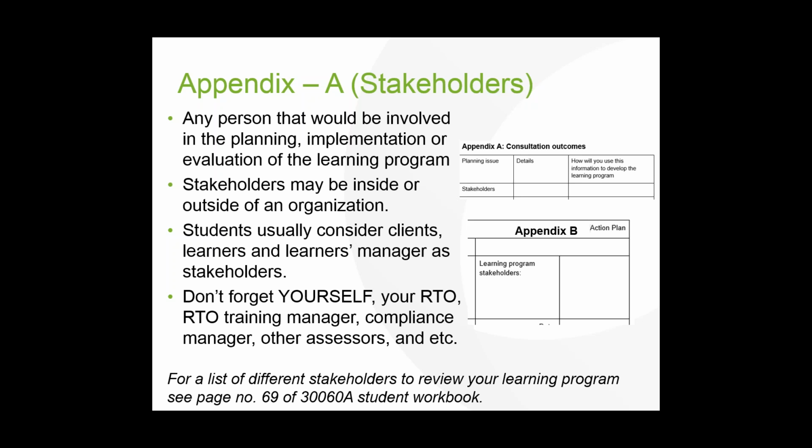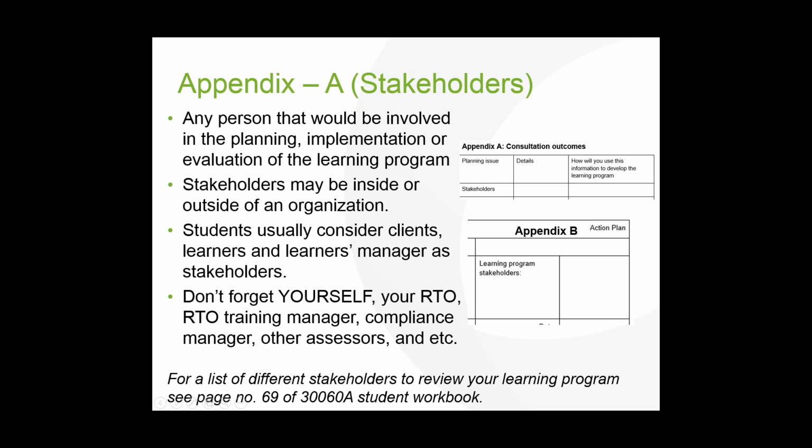What students are doing is forgetting about their RTO as their stakeholder. So they are just writing their client stakeholders only. And we are saying now, those are not only your stakeholders; your RTO stakeholders too. Your client, the manager of your client, employees of your client, your RTO, your compliance manager, your training manager, your other fellow assessors, they all are your stakeholders.